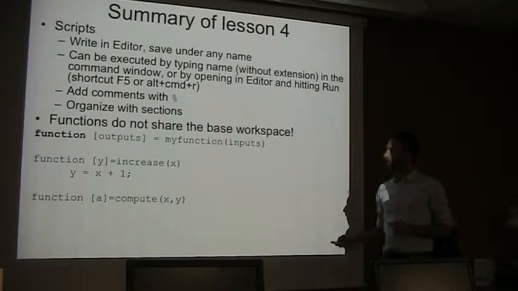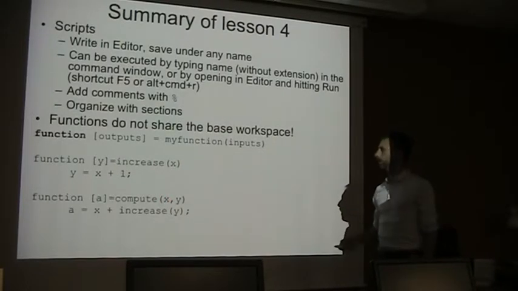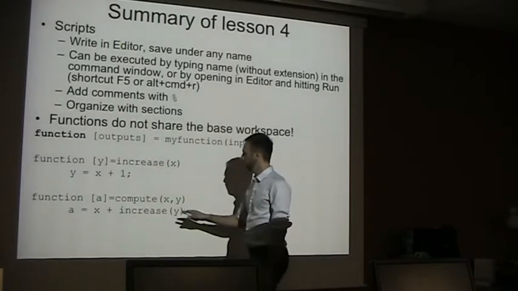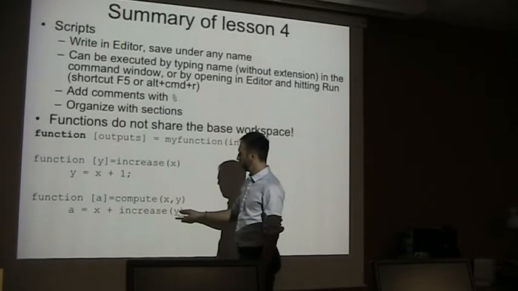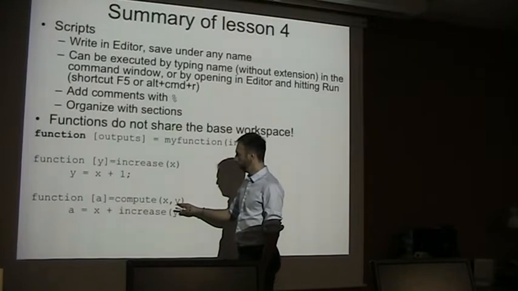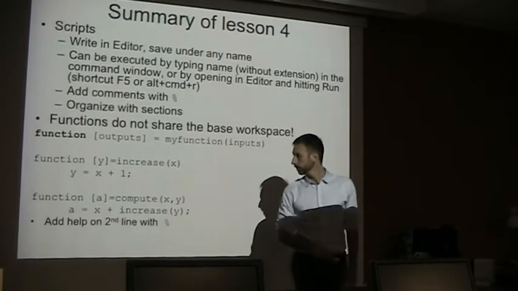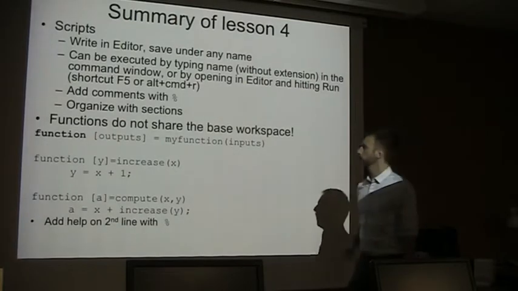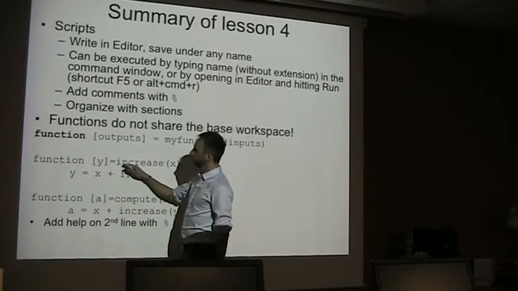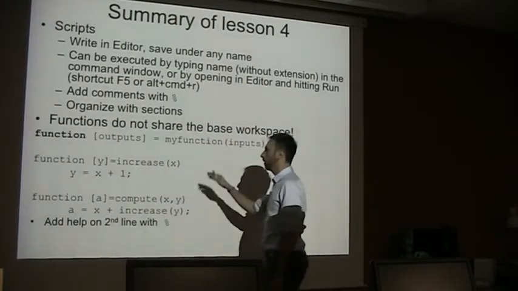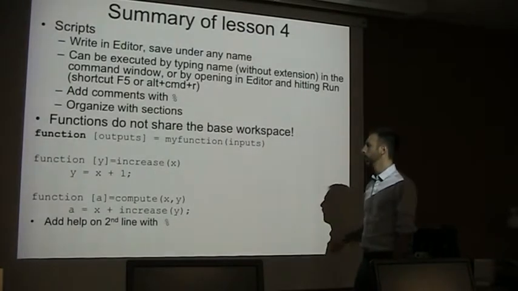And then we talked about the function compute, which incorporates increase. And so first it increases the second number by 1, and then it adds it to the first number. And in between these two, we can put a help. So right below function, we put a help.